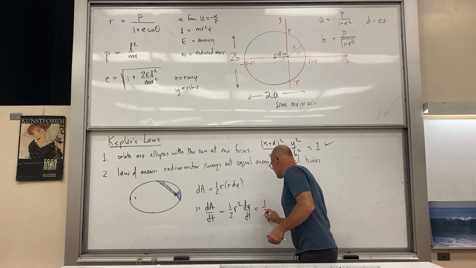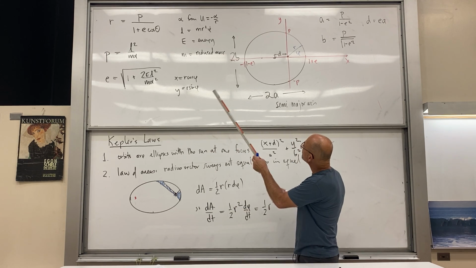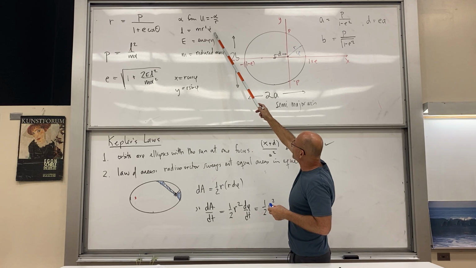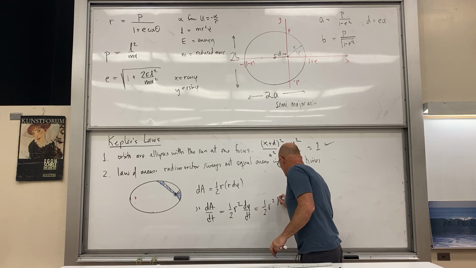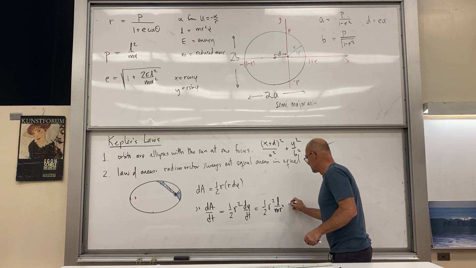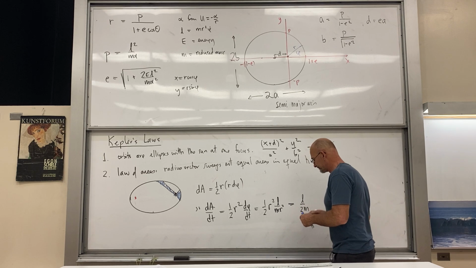So we have 1/2 r squared, and what is this dφ/dt of which we speak? It's right up there, φ dot. So that's L over mr squared. The r squareds cancel, and we're left with L over 2m.